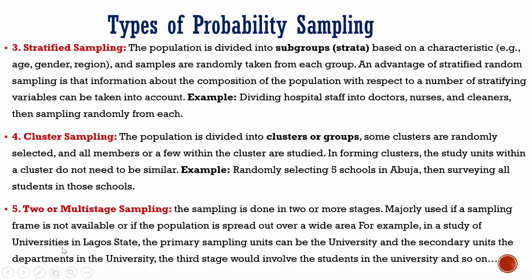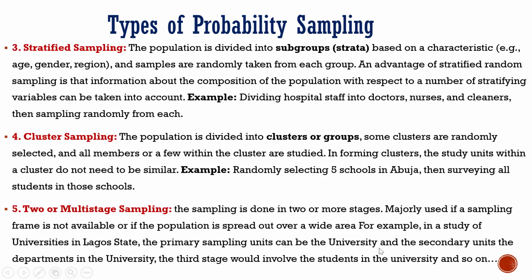For example, in a study in University of Lagos, the primary sampling unit can be the university, the secondary unit the department in the university, and the third stage can be the students or the faculties.